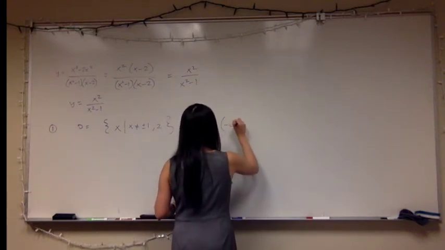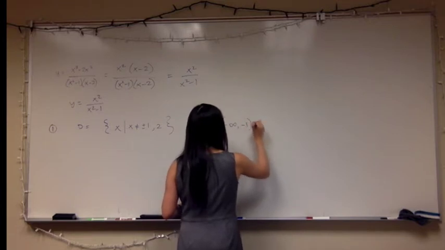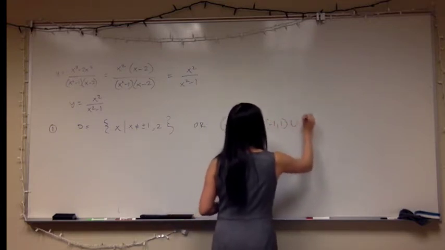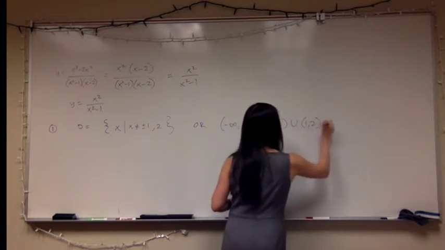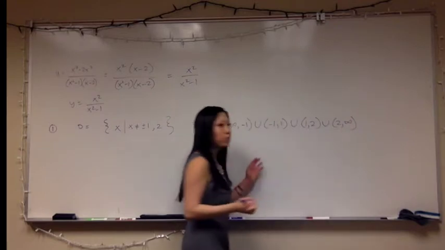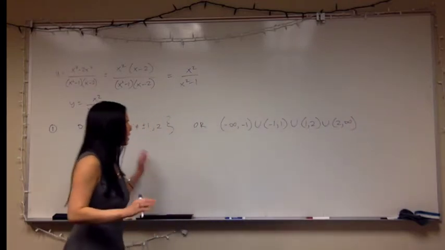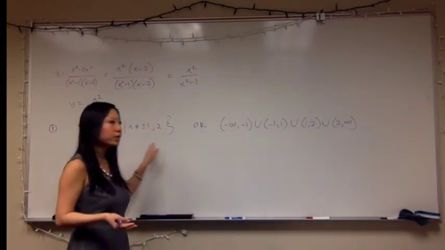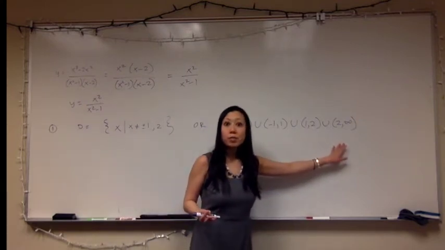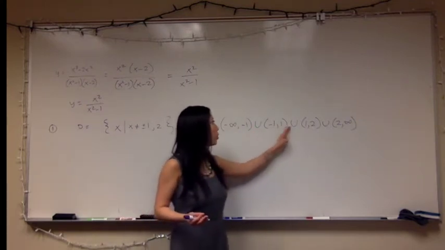So I have negative infinity to negative 1, union negative 1 to 1, union 1 to 2, union 2 to infinity. This takes up more writing, so I like to write it this way when I have a lot of discontinuities, but it's up to you. The reason we write it like this is to not include negative 1, 1, and 2.